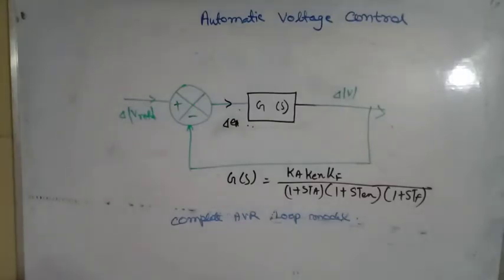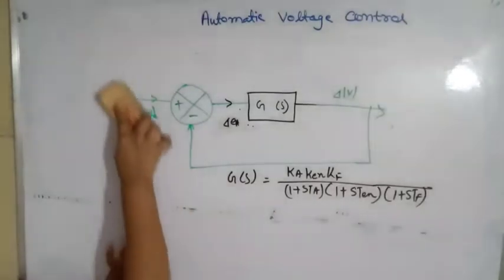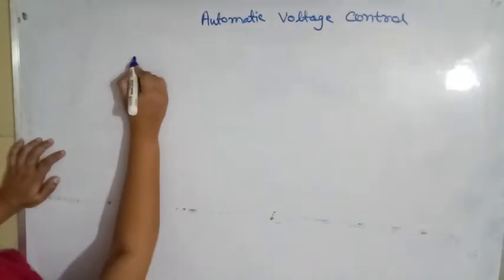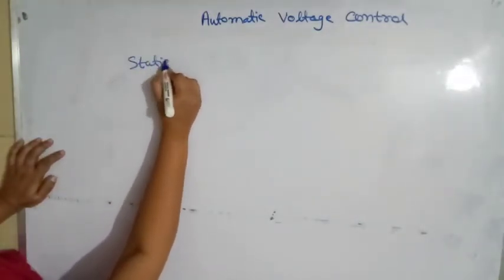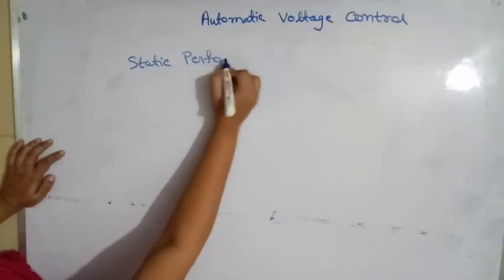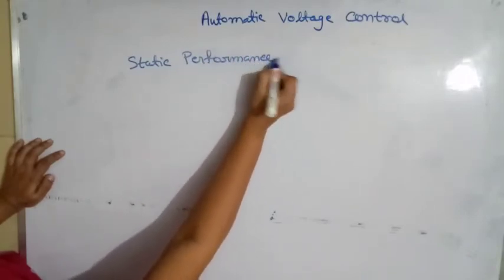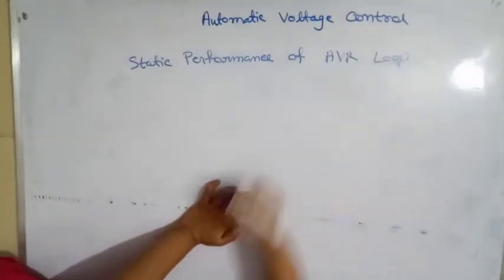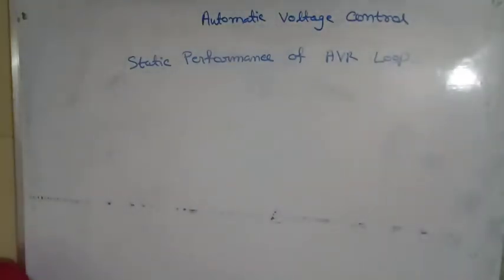Now, static performance of the AVR loop. The static performance of the AVR loop is characterized by its ability to regulate the terminal voltage of the generator V within a prescribed static accuracy limit with a reasonable speed of response.